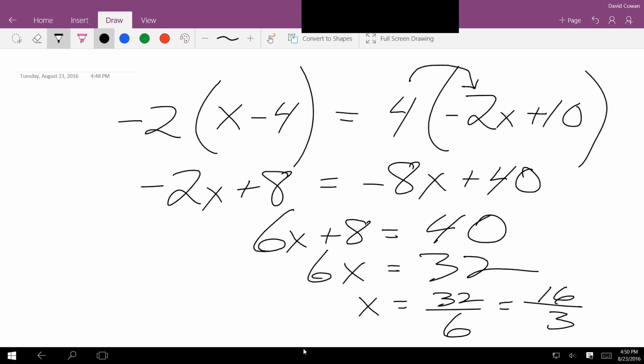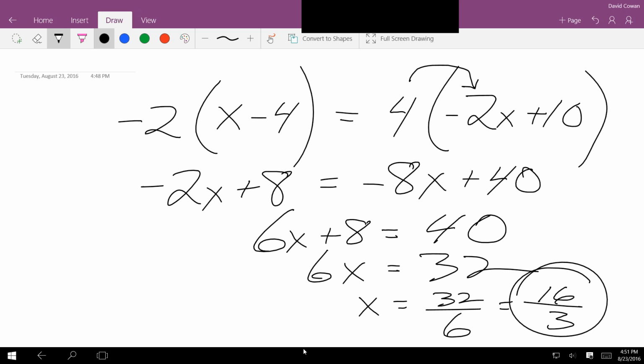Okay, and now that's simplified. I can no longer divide the bottom by anything other than 3, and 16 is not divisible by 3. So that's my answer. Now, I'm going to change this problem just slightly.